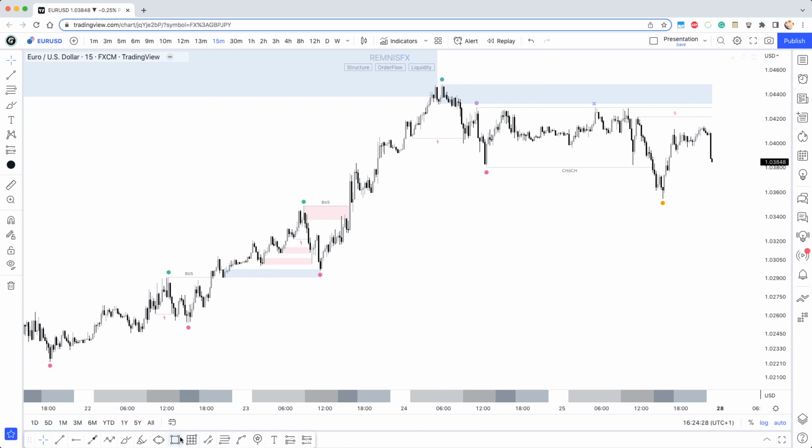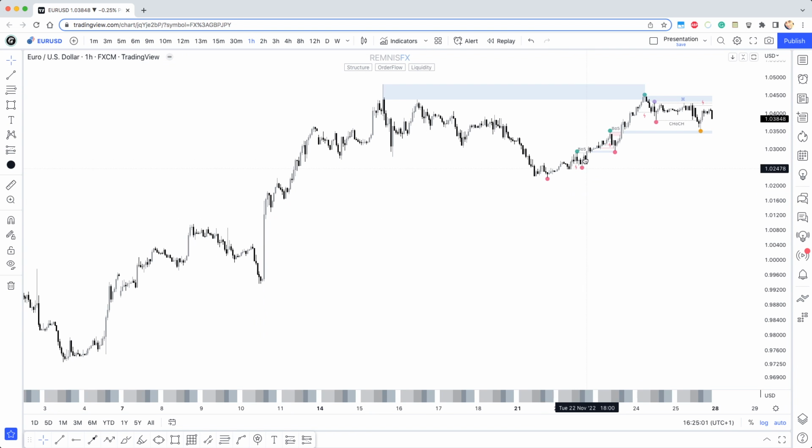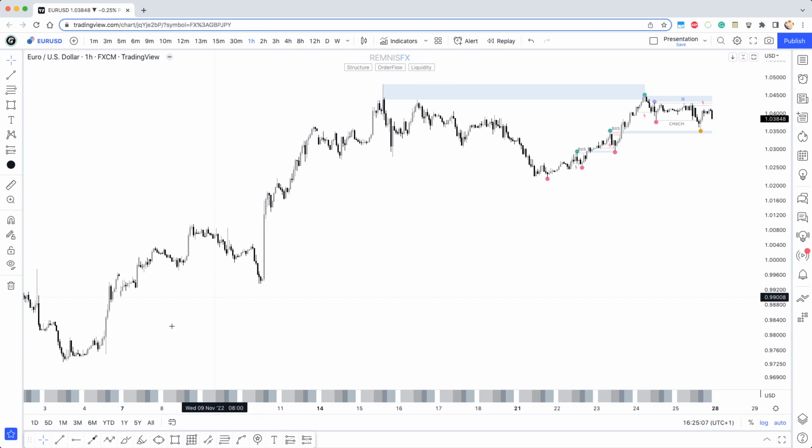Now, while I'm doing this, I see this candle here, right? This is a high probability candle. I will mark it out like this. This could be a high probability area to look for entries to go long, right? Because basically we are looking at the bigger picture. Let me get the 1 hour also.